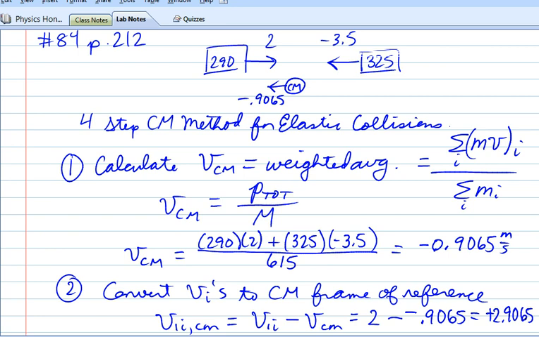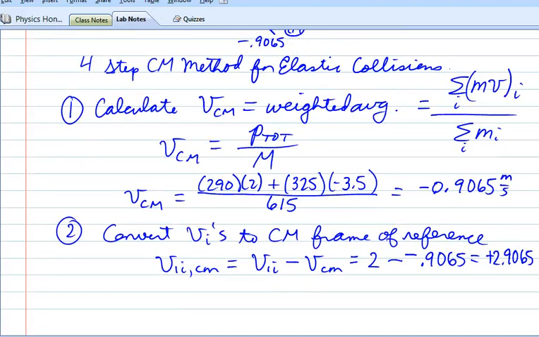Okay, see if that makes sense. The center of mass and Jack are going in opposite directions. So yeah, it makes sense that you have to end up adding them. Now, what does the center of mass think for Jill? Well, Jill's going 3.5, so we're going to have to subtract. So V2 initial center of mass is V2 initial minus V center of mass.